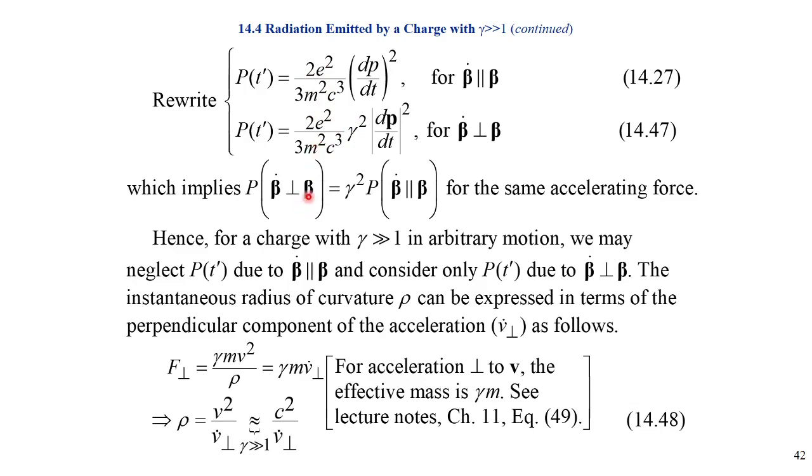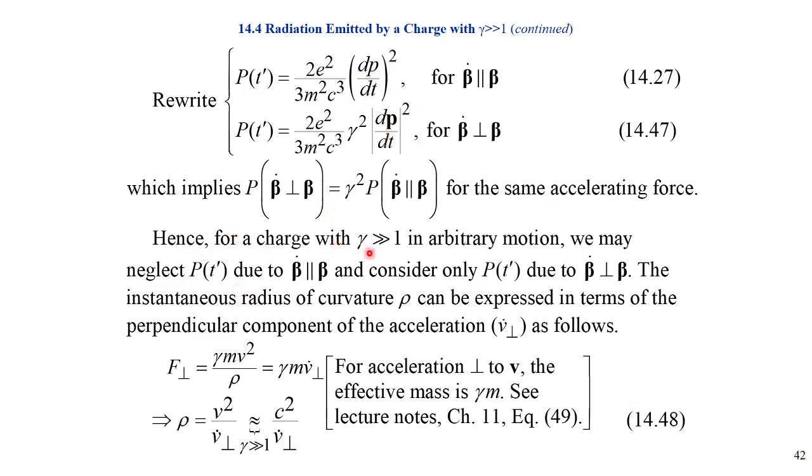Okay, what happened? Looking at the coefficient, if we have the same force, these terms will be the same. Same force. So obviously, P perpendicular will be gamma squared times P parallel for the same accelerating force here.